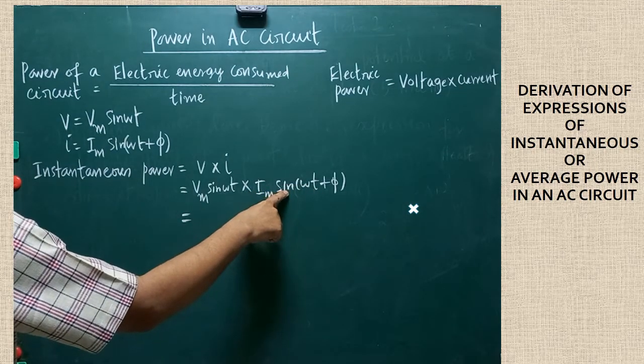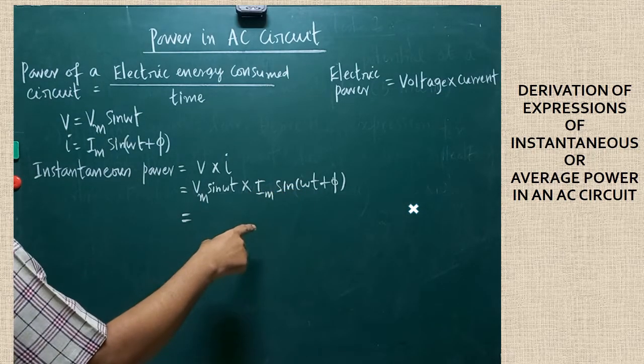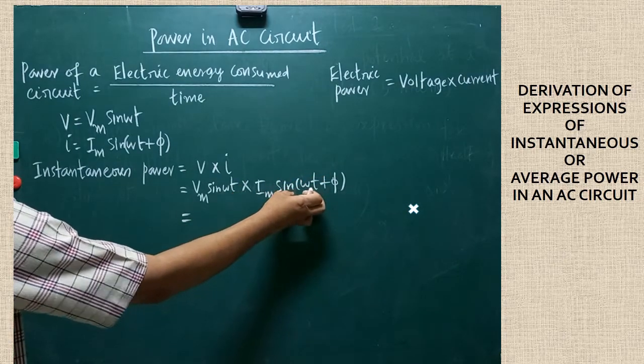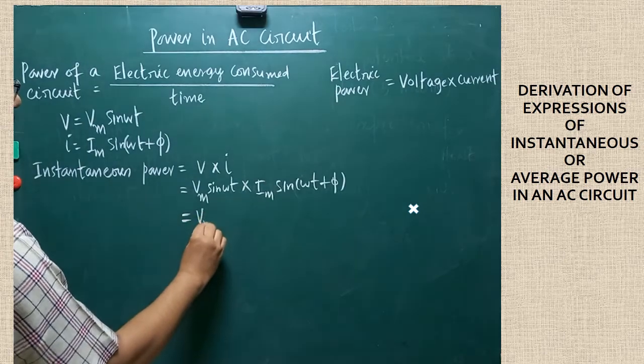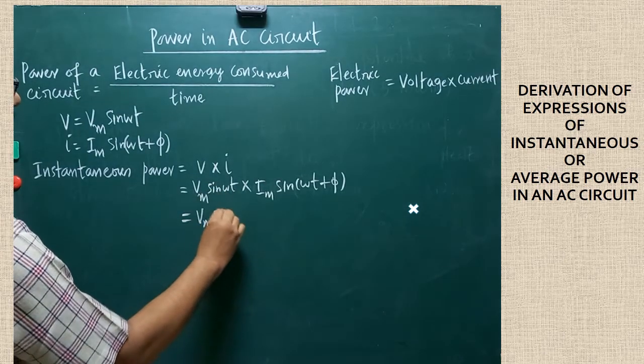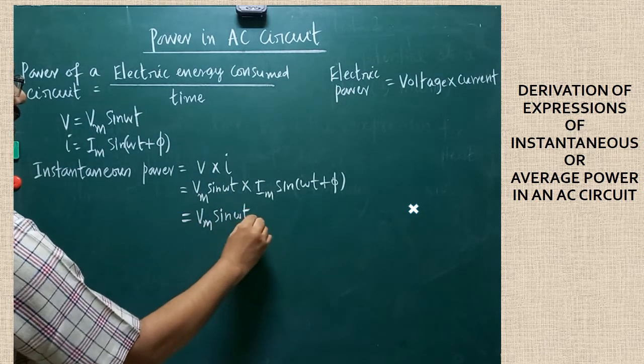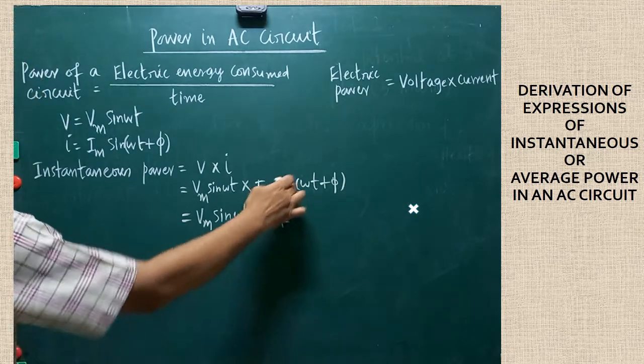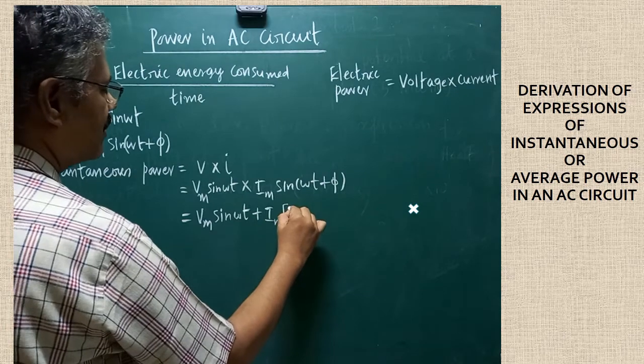This one is seen like sine A plus B. So with the help of the trigonometrical formula, this part must be expanded. Again you rewrite this expression: Vm sine omega t, with Im written outside. This one could be expanded. How can it be expanded?